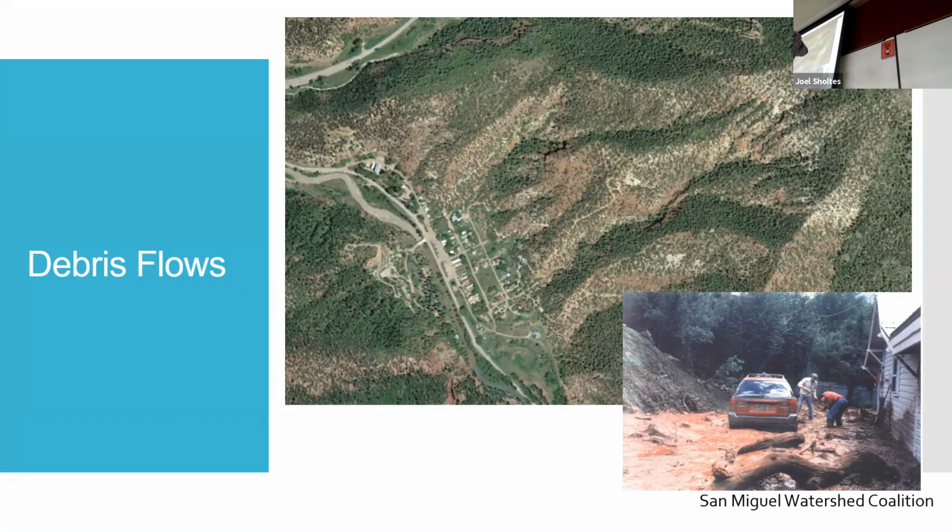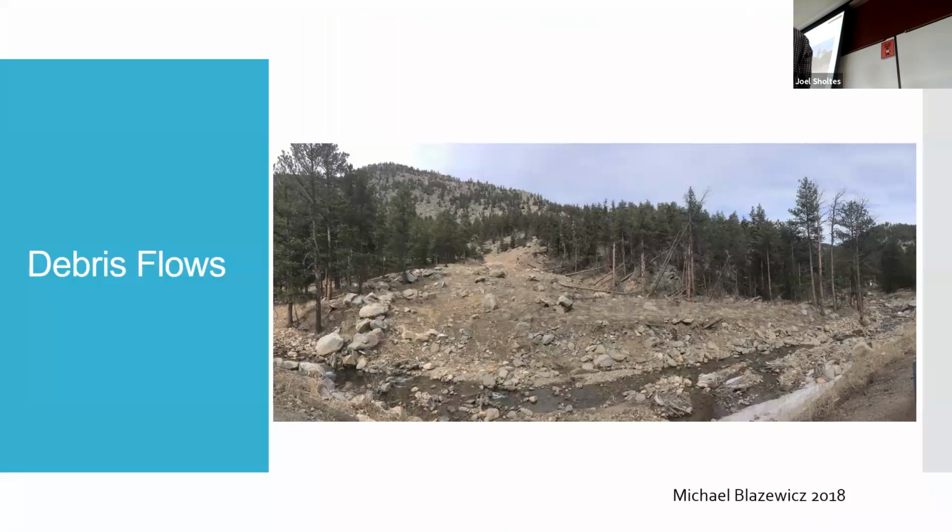And unfortunately, you can see that these are kind of debris flow drainages or alluvial fan drainages. And this is basically an alluvial fan or debris fan that the town is built on. And so they'll get these mud and debris flows that come through every so often. Here's another debris flow. This is near Estes Park. That happened in 2013. So what happens is it rains on these steep hill slopes.